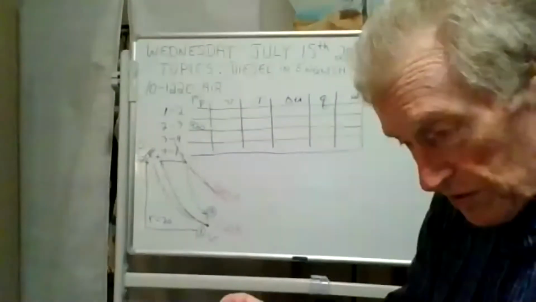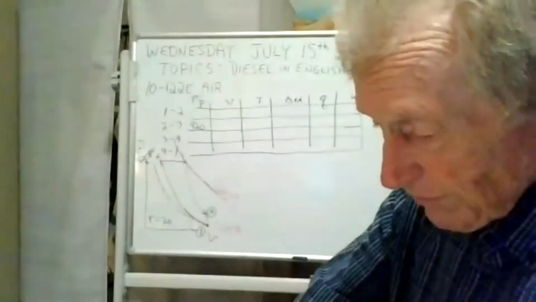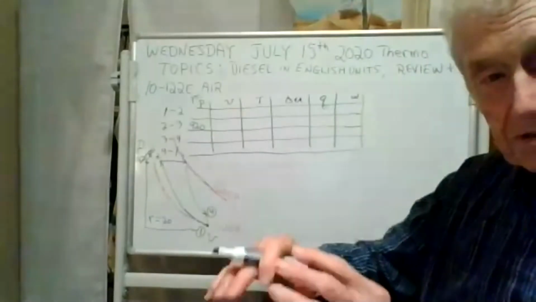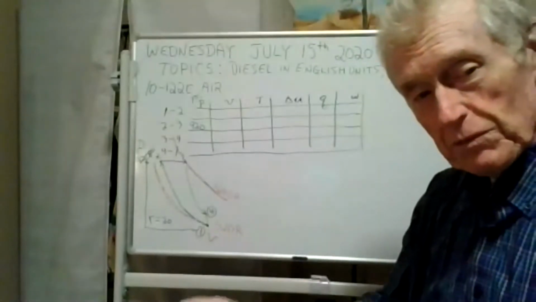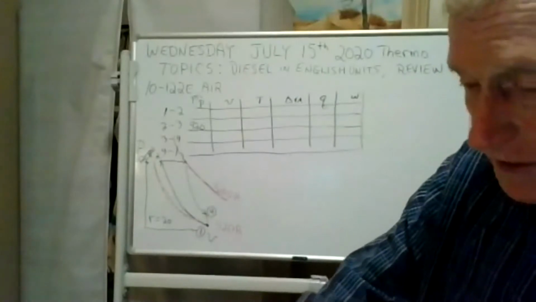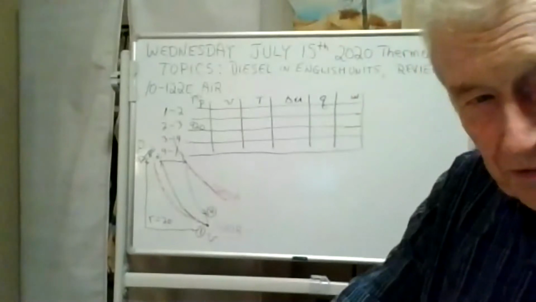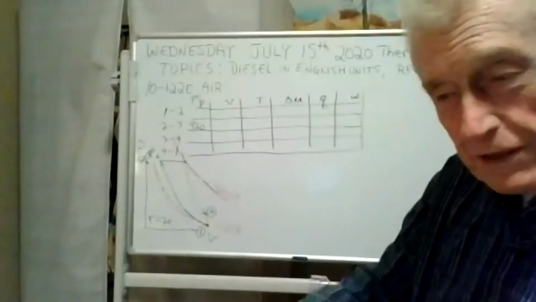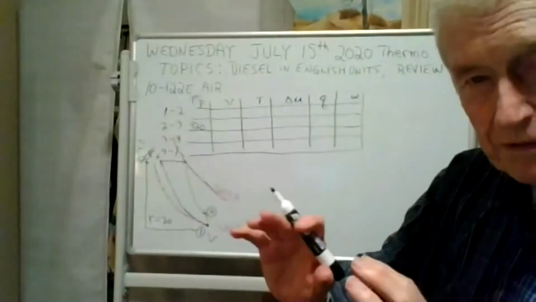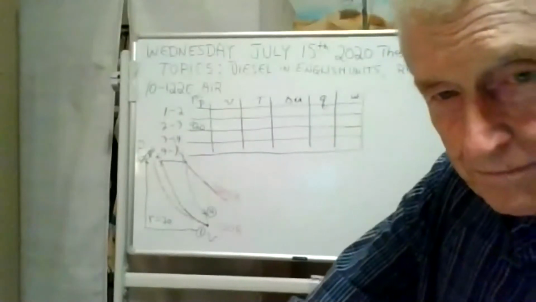Whatever the system is, you stay in that system. I've had students that think that if they have an English problem, they'll convert everything to metric, solve it in metric, and then when they get all through, they'll convert it back to English. Don't do that. If you're in English, do everything in English. If you're in metric, do everything in metric. Don't be converting back and forth. That's crazy.